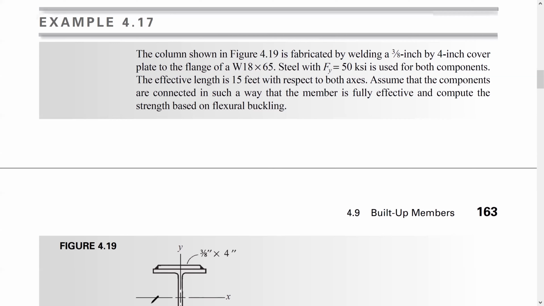A steel with Fy equal to 50 KSI is used for both components. Both components means wide flange with a plate. The length is 15 feet with respect to both axes. Yani KL is equal 15 for both axes, yani in X and in Y, okay?